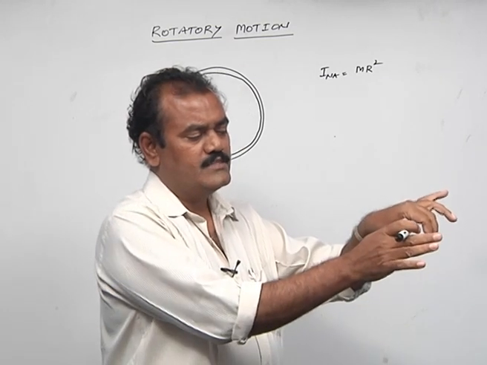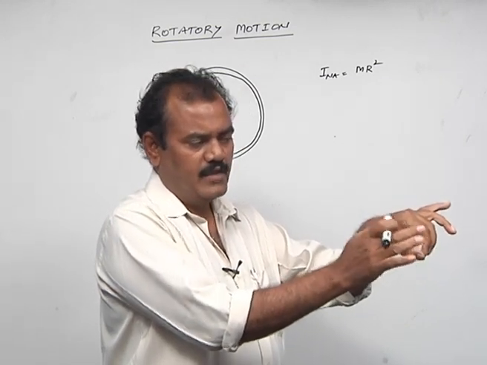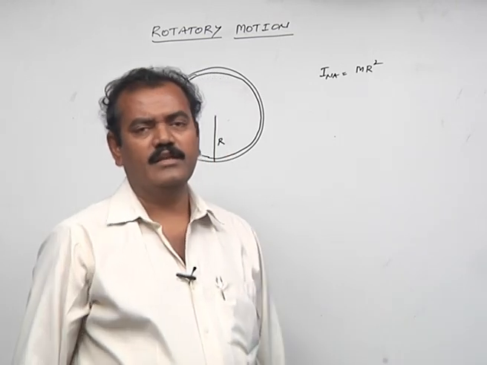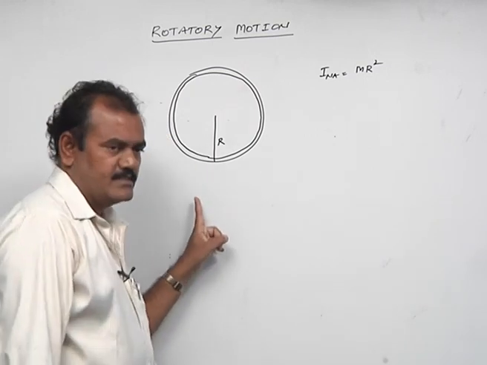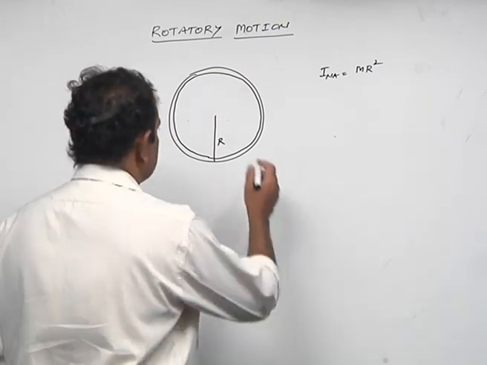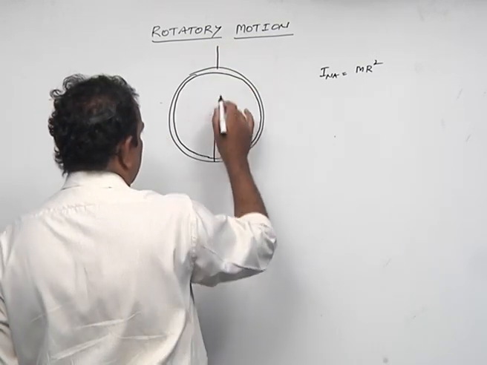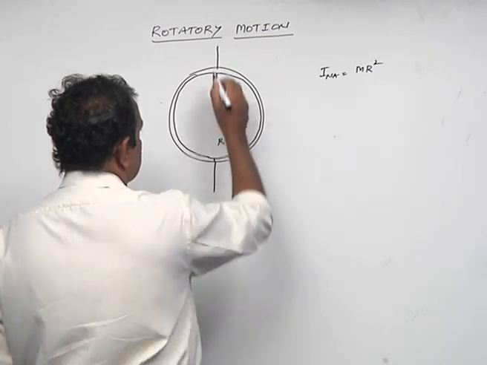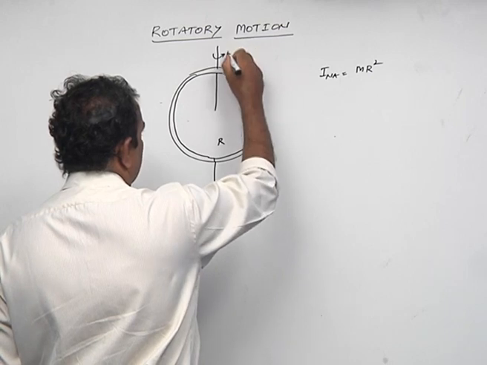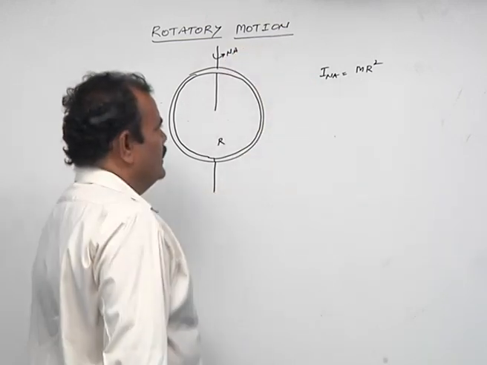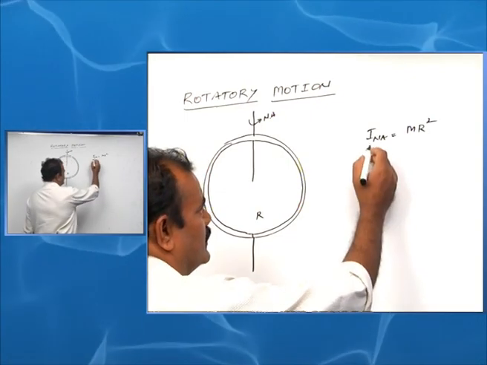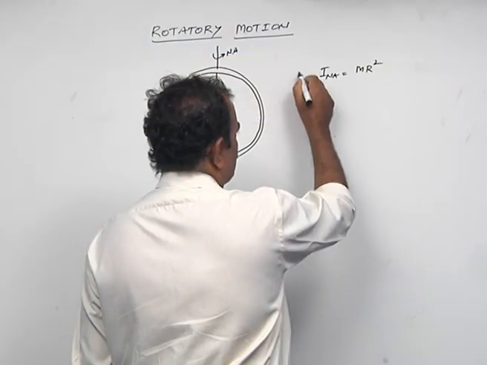That you call the natural axis. In this case, INA is equal to mr square, that is the first formula.